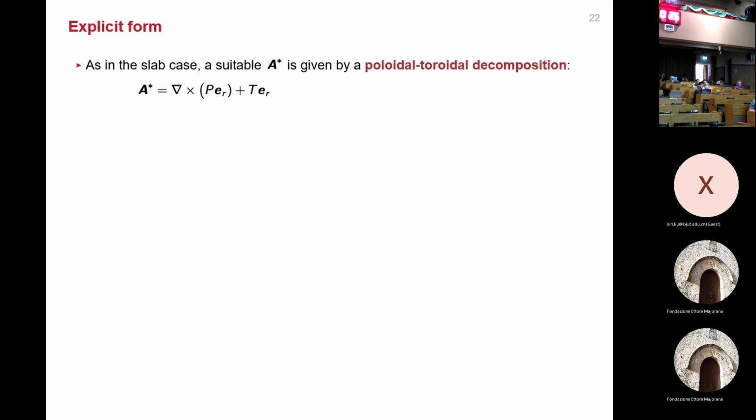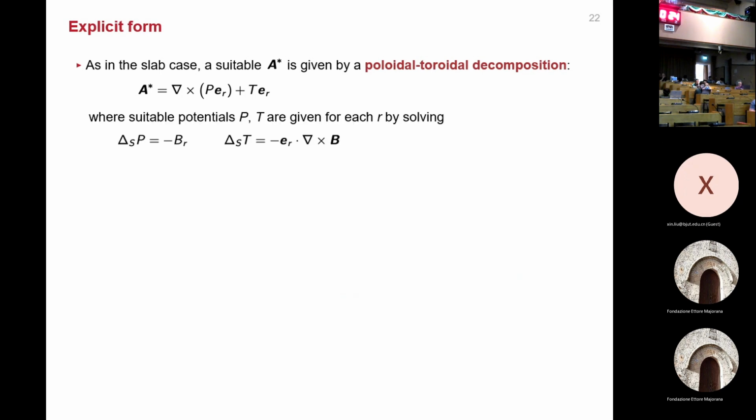So we have the poloidal-toroidal decomposition in spherical coordinates, and so you can write A star as the curl of a potential plus another potential in the R direction. So the way you would actually find these potentials is to solve two Poisson equations.